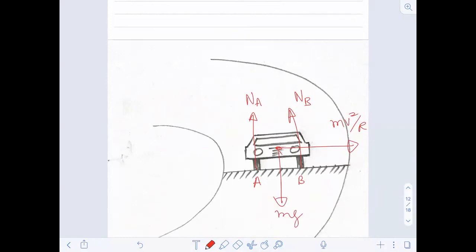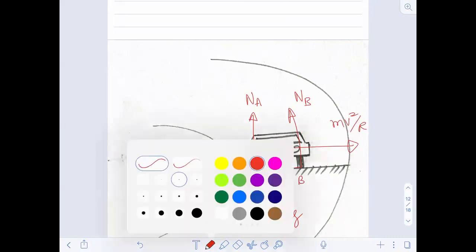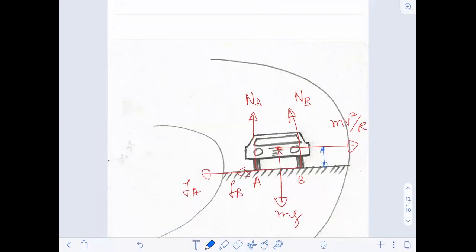Friction force on A and friction force on B. These are the things. I'm assuming that this height is h and this is L.